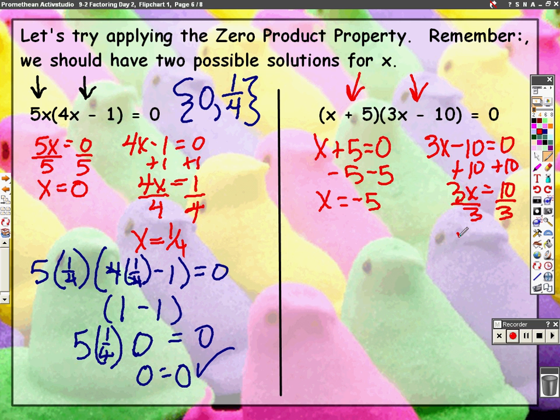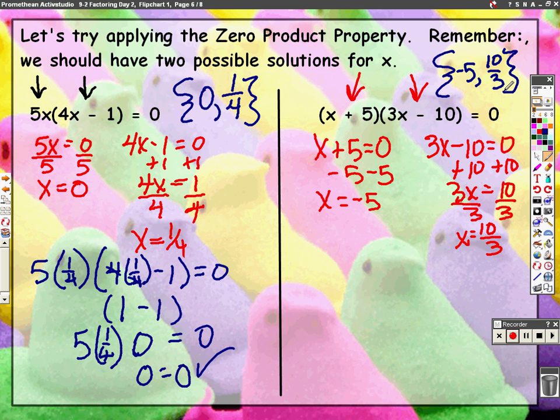Divide by 3 and we get x equals 10/3. Okay? So then I put my solution up here in brackets, and it's -5 and 10/3.